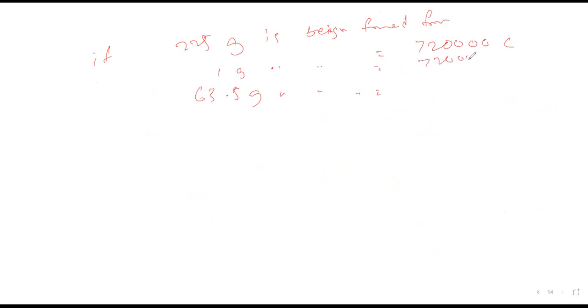So 720,000 divided by 225. Then 63.5 gram will need 720,000 divided by 225 into 63.5, isn't it? So this should give us a value, just give me a second.